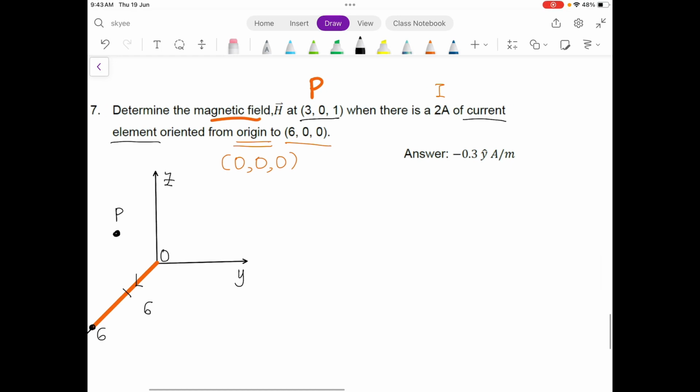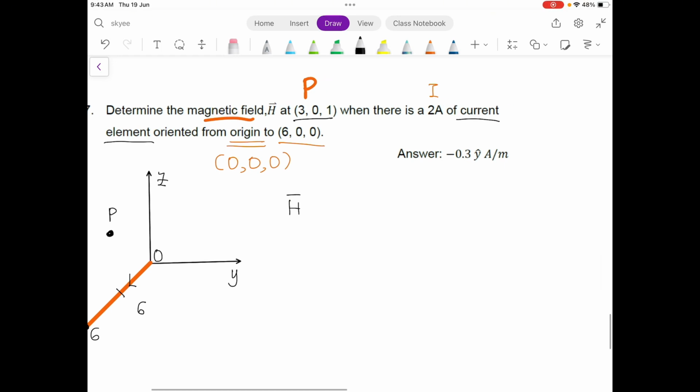For a finite line, to calculate the magnetic field, we have to apply the equation from Biot-Savart's law, that is I over 4 pi r, then cos alpha 2 minus cos alpha 1. So this is the equation.